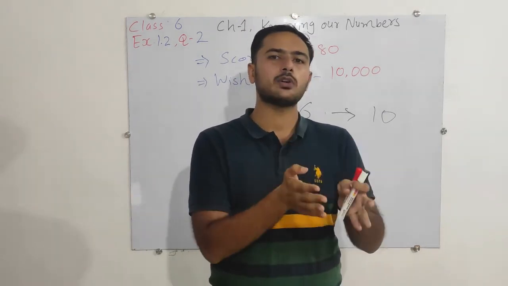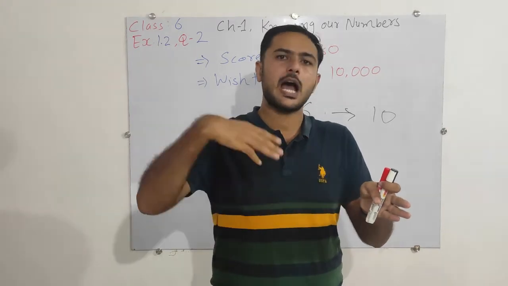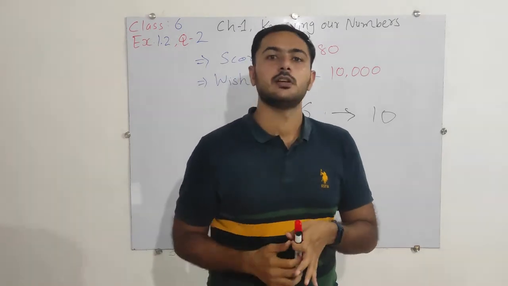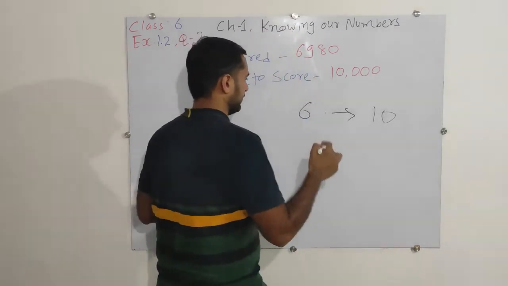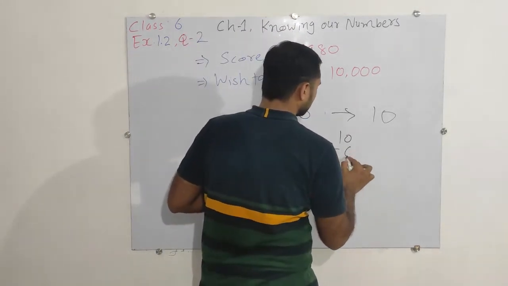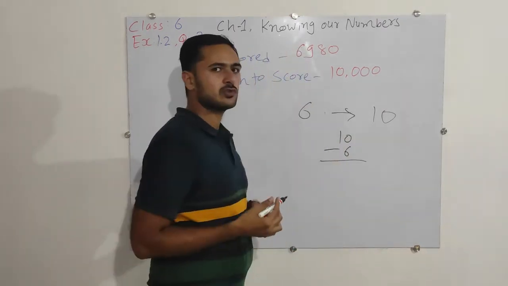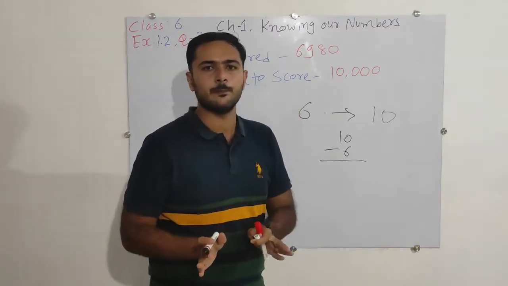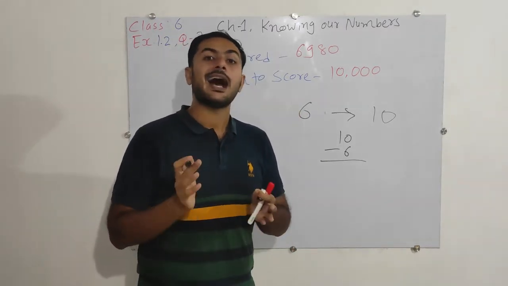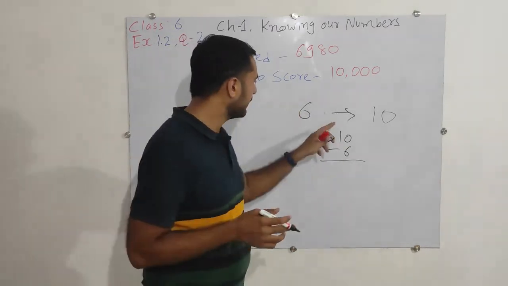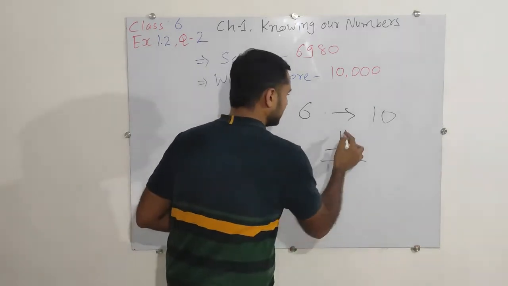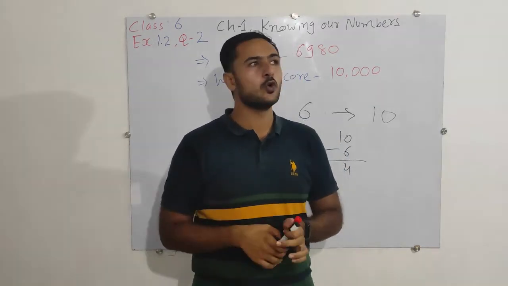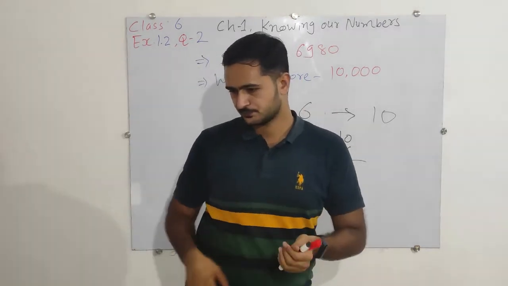Right now you have completed 6 runs, and if you score 4 more runs, that will be 10 runs. How can you find that? Simply 10 minus 6, because 10 runs is what you want to complete and 6 runs you have already scored. We have to find how many more runs are required to complete the 10. So 10 minus 6 is 4. The same process we will do for this question.